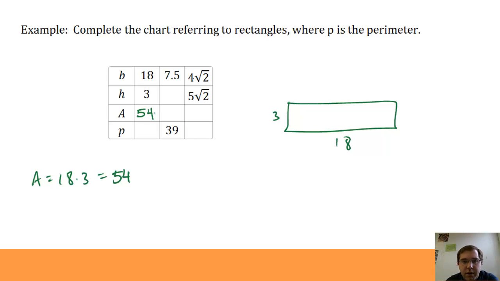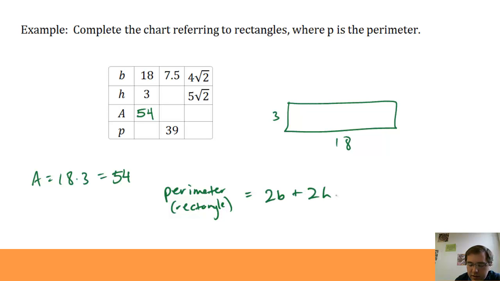The perimeter is going to be all the sides added together. Well, for a rectangle, since opposite sides are congruent, it's just going to be 2 times the base plus 2 times the height. So I've got the base twice and the height twice. So I take 2 times 18, which is 36.